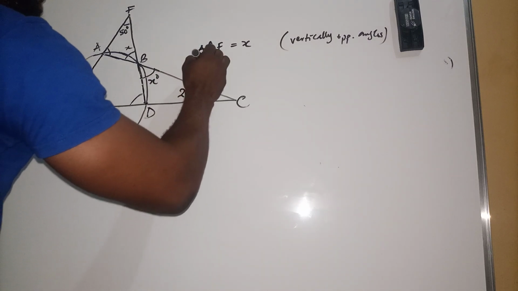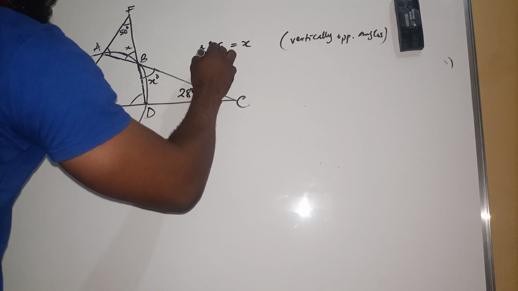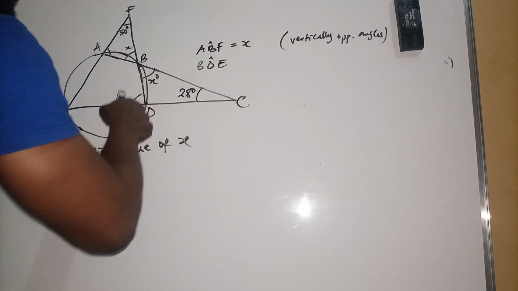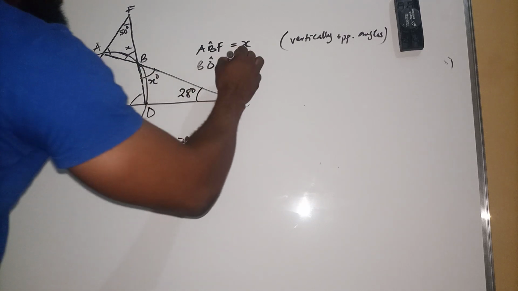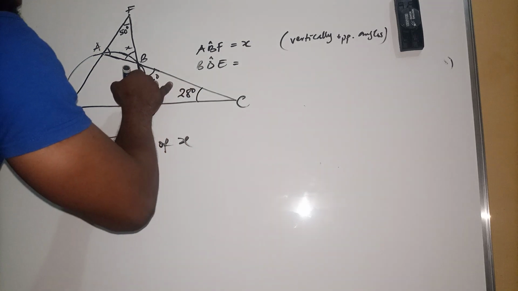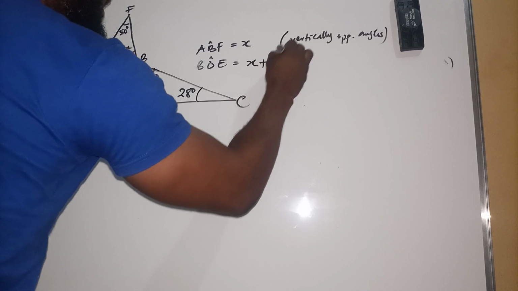So the exterior angle BDE is equal to the sum of the opposite interior angles, this plus this. That will give us x plus 28 degrees.